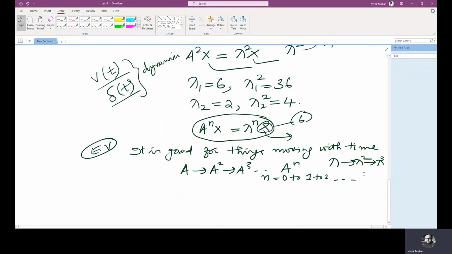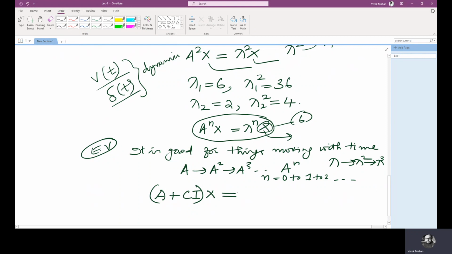Okay. Now, another property: if A is shifted by C multiplied with identity, C times identity, then what happens to the eigenvalue and eigenvector? So now the new matrix is A plus CI. So Ax equal to lambda x will look like this.